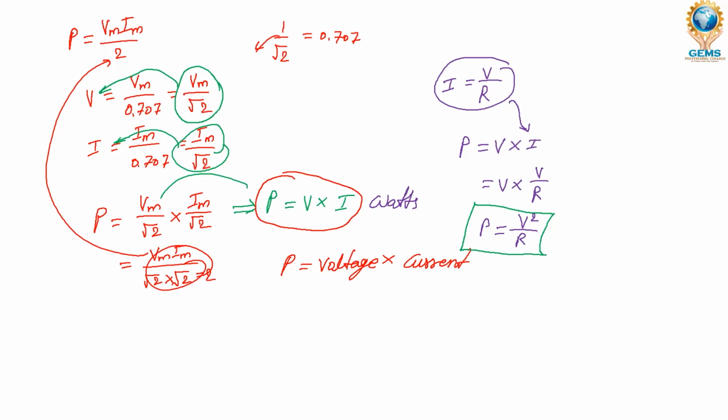Otherwise, we can write one more formula. What is V? V equals I into R, we know already.